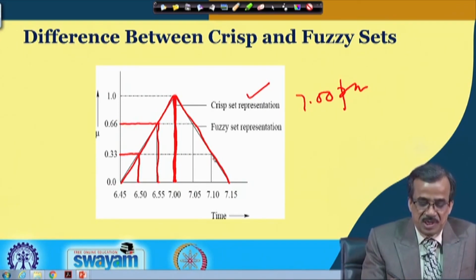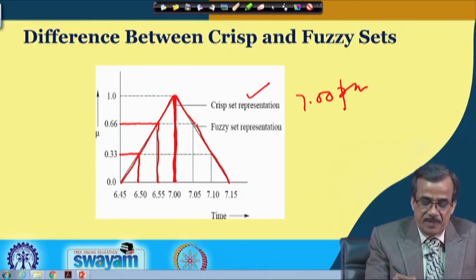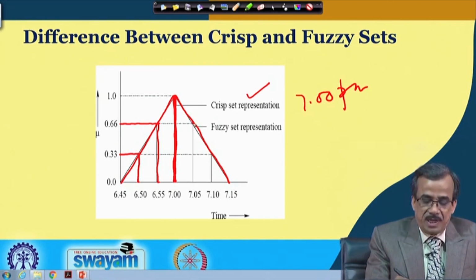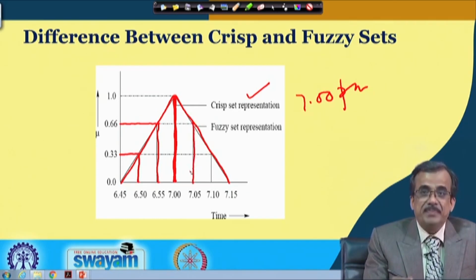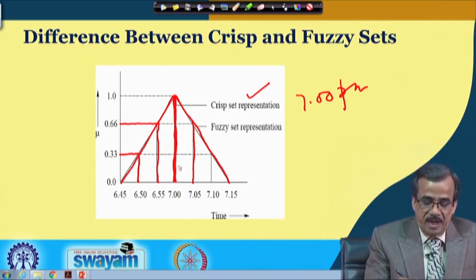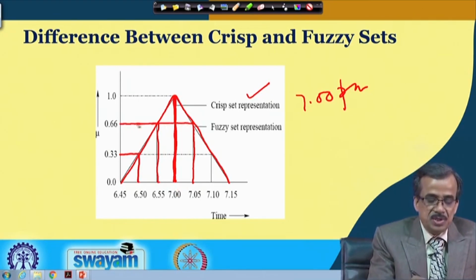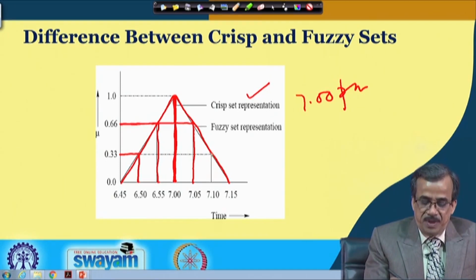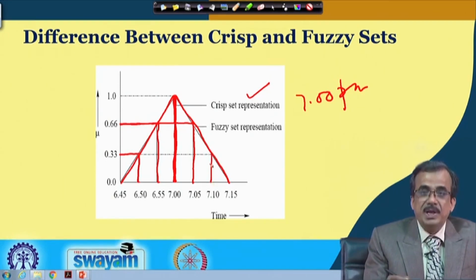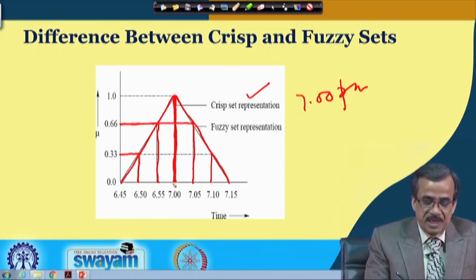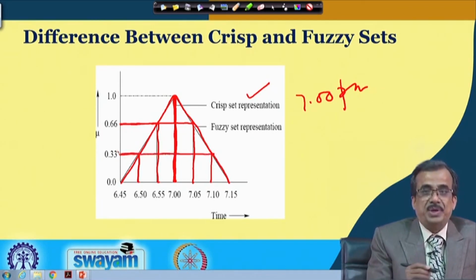Same is the situation if he comes at 7:05, that means 5 minutes past 7, then we will assume that he has attended the party and has come at 7 p.m. with the membership function value 0.66, and if he comes at 7:10, we will assume that he has come at 7 p.m. with the membership function value 0.33.